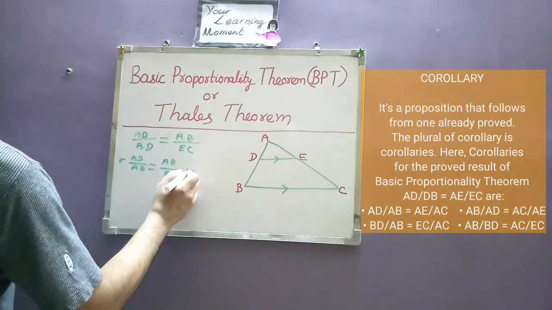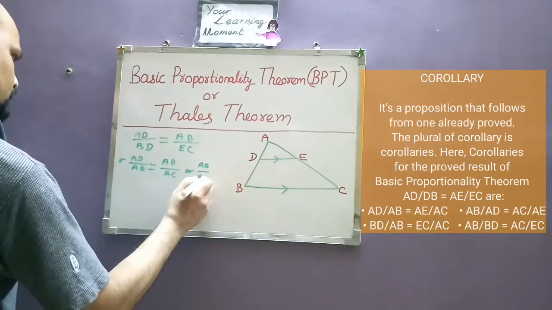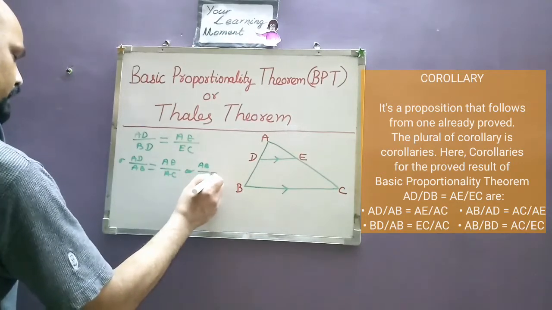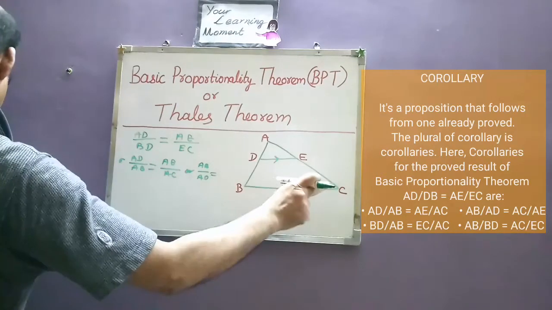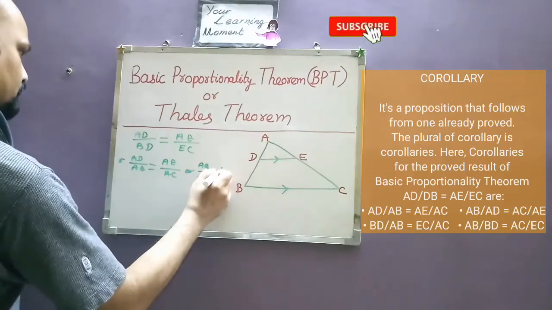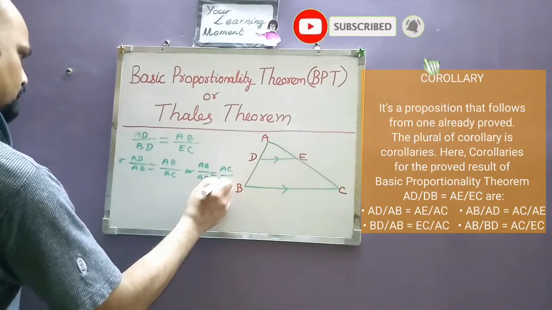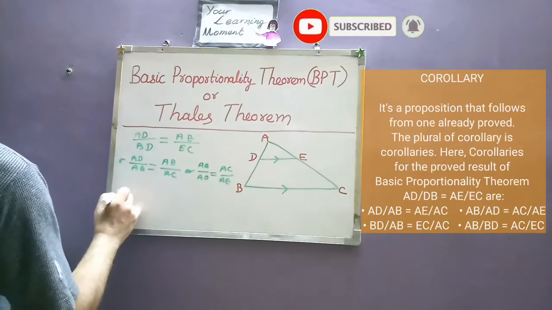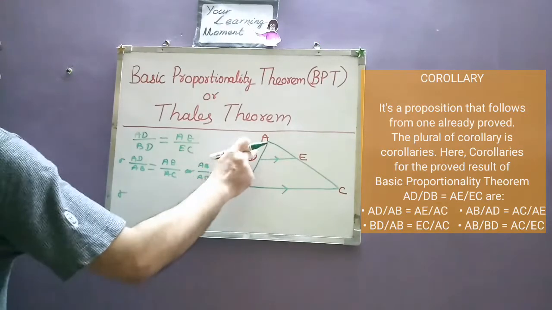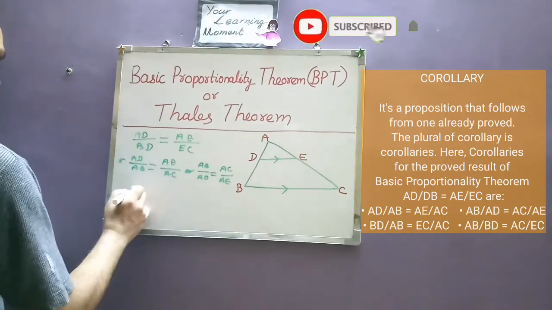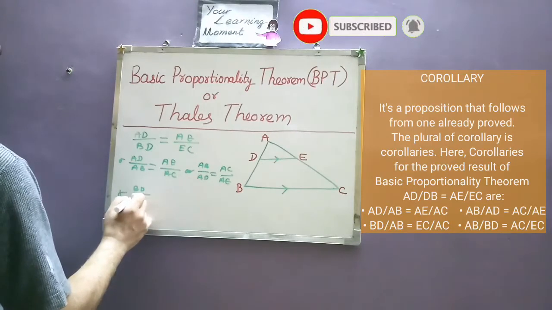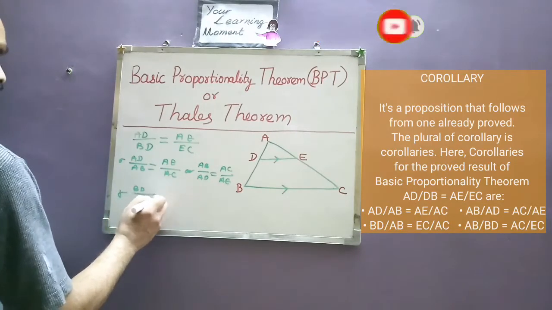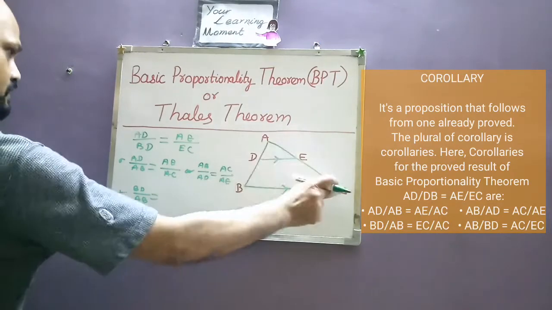Or AB upon AD equal to AC upon AE. Second corollary, BD upon AB equal to EC upon AC.